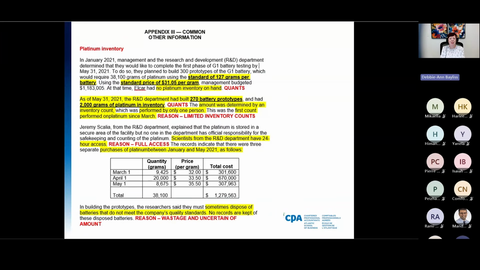So you may simply want to put the page number in your outline. If you're just going to put the page number for the quant information, this is where you would highlight the relevant information so that when you come back, you can quickly find it. It's up to you. When I do time management in day three, I'm going to show you a bit of a different version because the approaches are different for day two than day three.